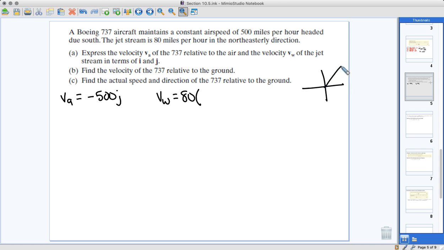Halfway between 0 and 90 degrees is 45 degrees. So I'm going to have cosine of 45 i plus sine of 45 j. So I get 80 times cosine of 45, which is square root of 2 over 2, and sine of 45 is square root of 2 over 2.